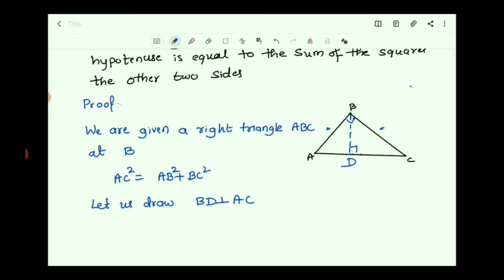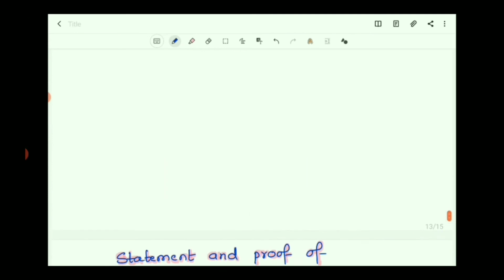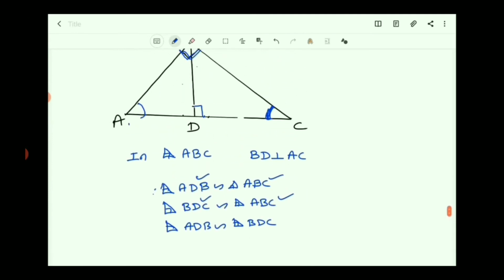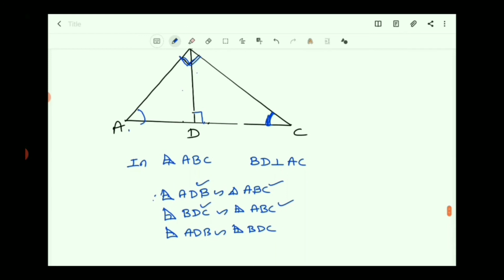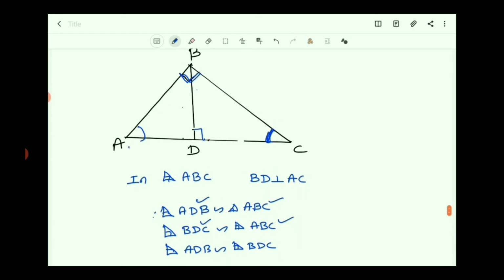So you already know, if a perpendicular is drawn from the vertex to the hypotenuse, there are two new triangles formed, ADB and BDC. You know that ADB and BDC are similar, and they are also similar to the given triangle ABC. Means triangle ADB is similar to triangle ABC, triangle BDC is similar to triangle ABC, and triangle ADB is similar to triangle BDC.